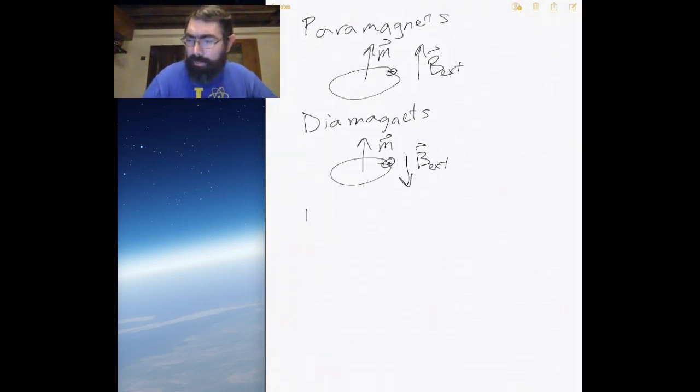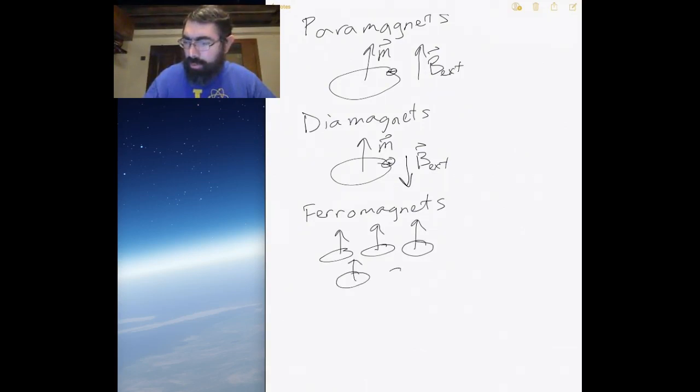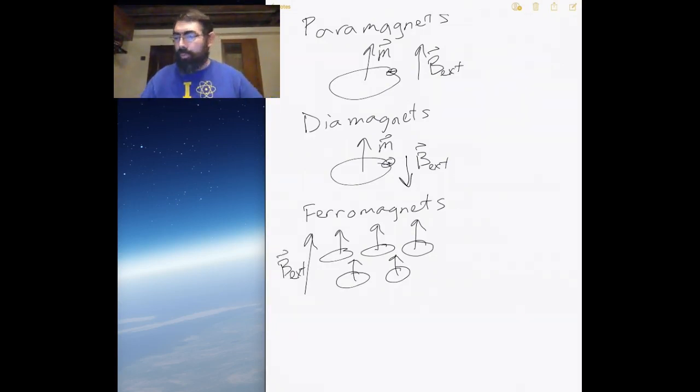And then for the ferromagnets, I would have all of these dipoles, which now all get lined up once you have an external magnetic field. But once I remove that external magnetic field, they stay lined up, like so.